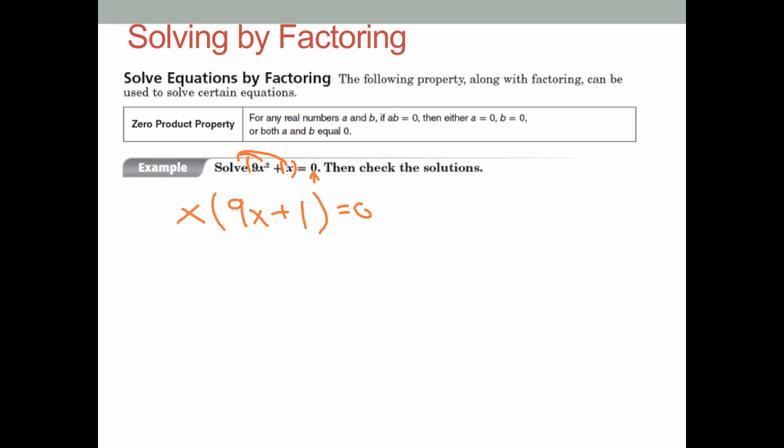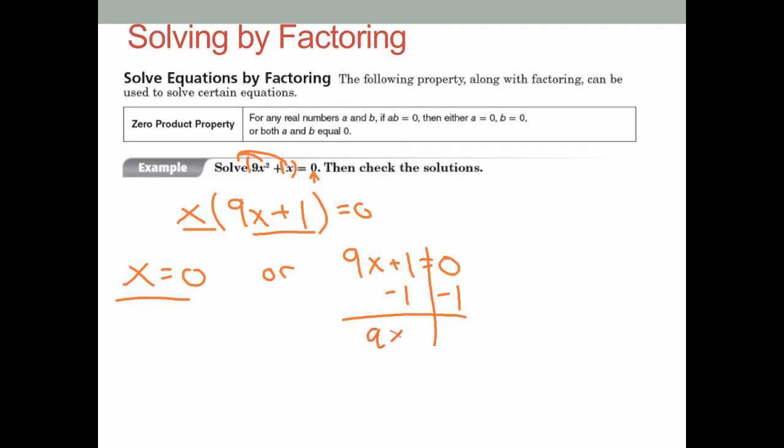Well, using the zero product property, I know if these two terms multiplied together equal 0, I know either x equals 0 or 9x plus 1 equals 0. And I can solve both equations. This one's already solved. This one, I would write minus 1, divide by 9. I get x equals negative 1/9.